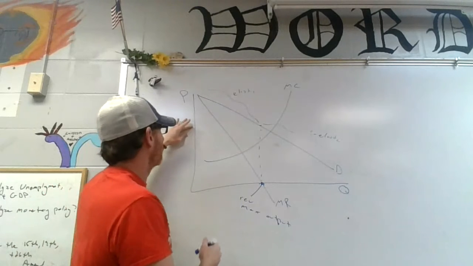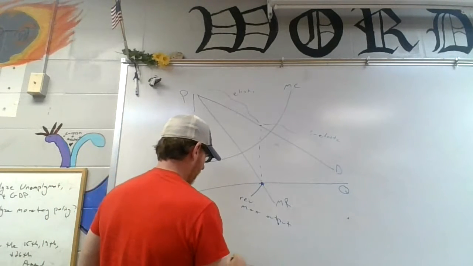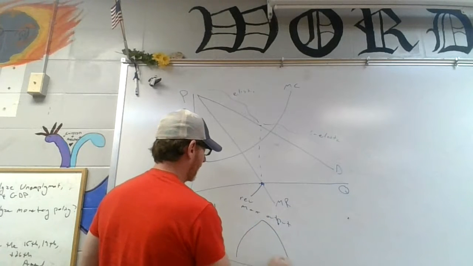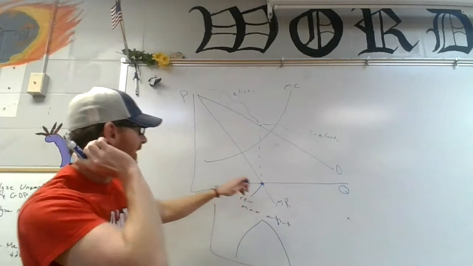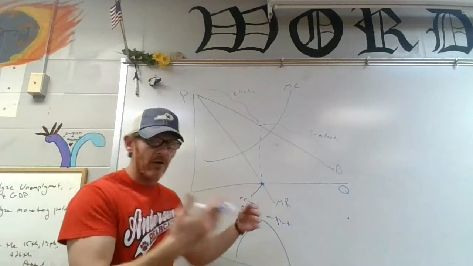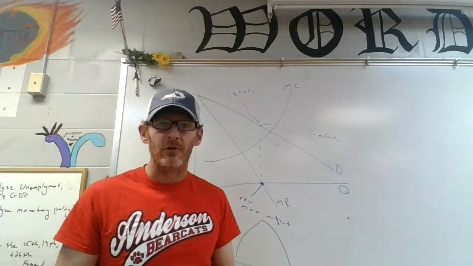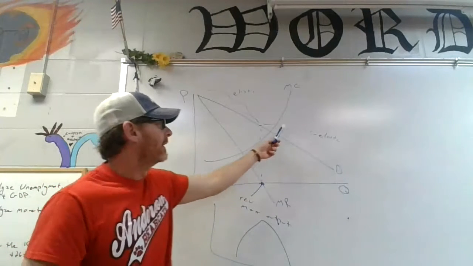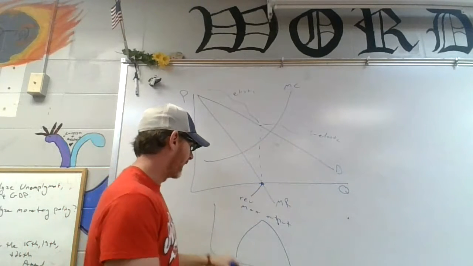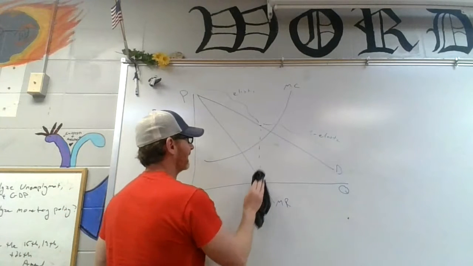But once we get past this point, total revenue starts going down as it becomes negative. So a decrease in price leading to a decrease in total revenue is inelastic, which is why this portion is inelastic. Okay, so I wanted to show you that so you were reminded of that.